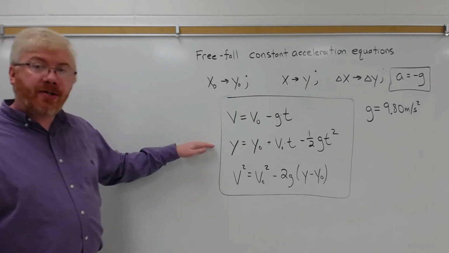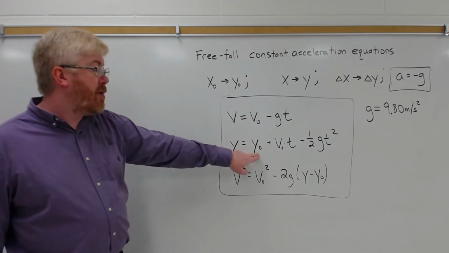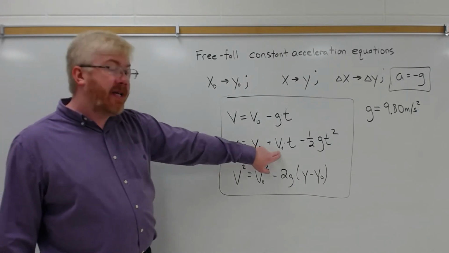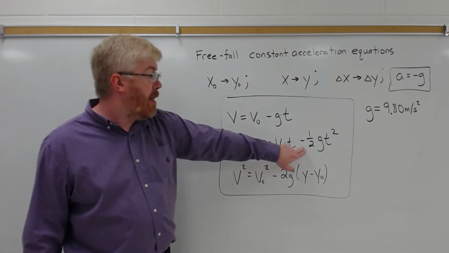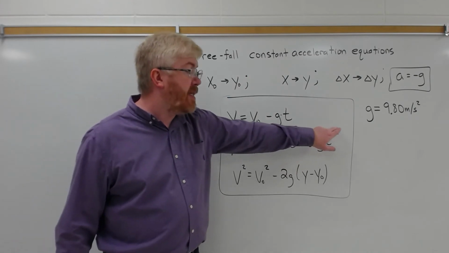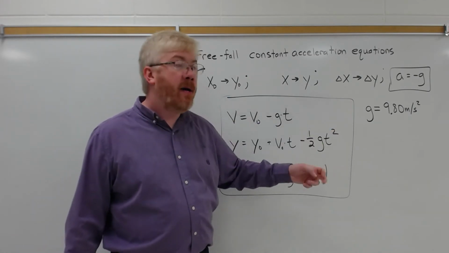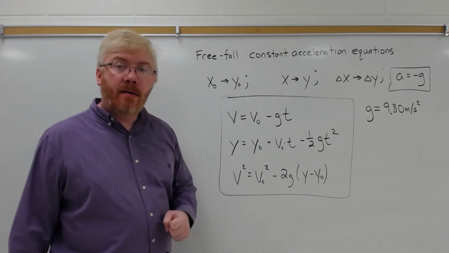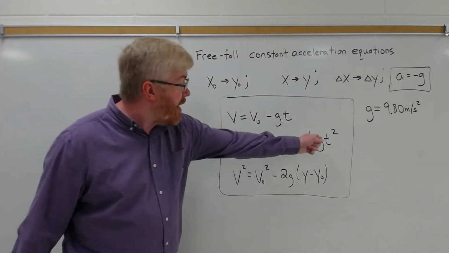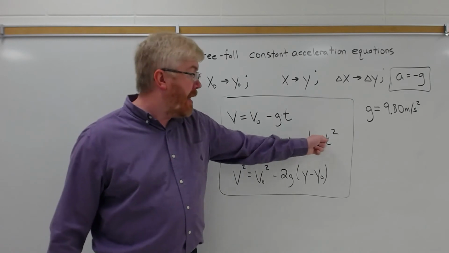Same thing with this equation here. Y position is equal to the initial y position plus the initial y velocity times time minus 1/2 g t squared. This used to be plus 1/2 a t squared, but when you substitute in, the acceleration is equal to minus g. That negative sign comes up front, and the a turns into a g.